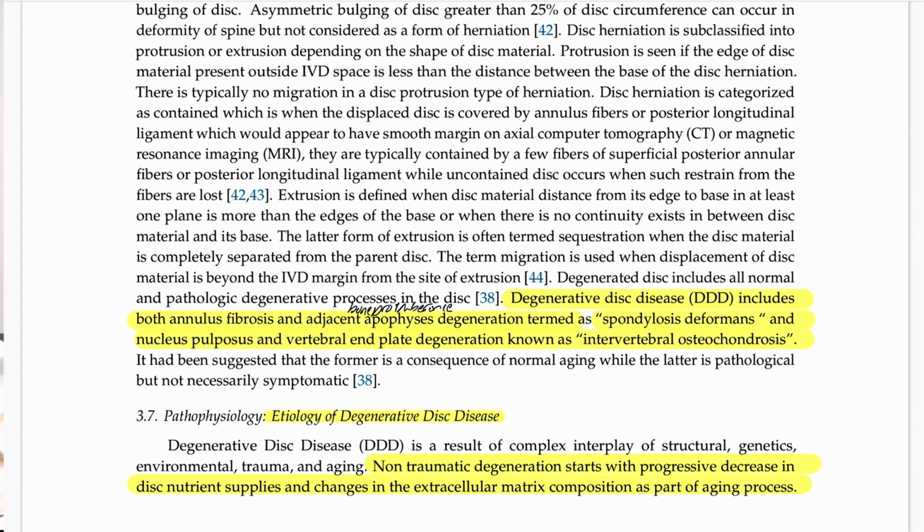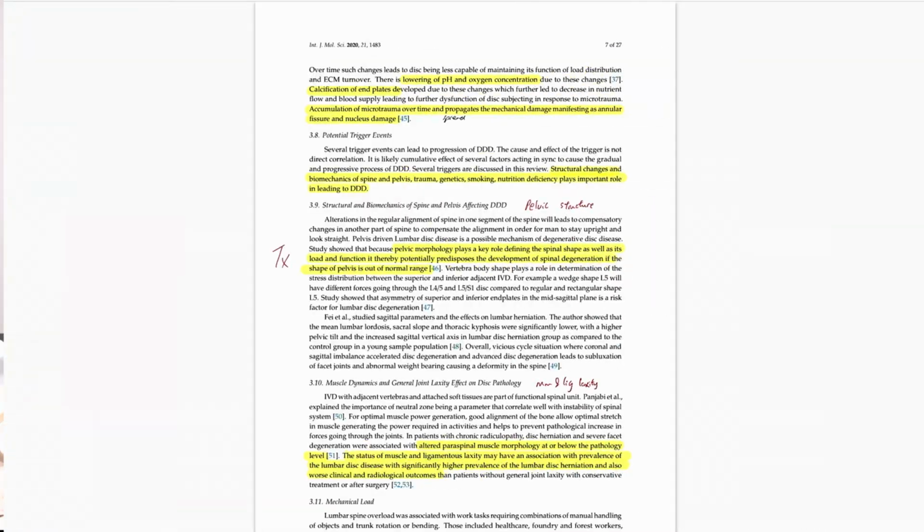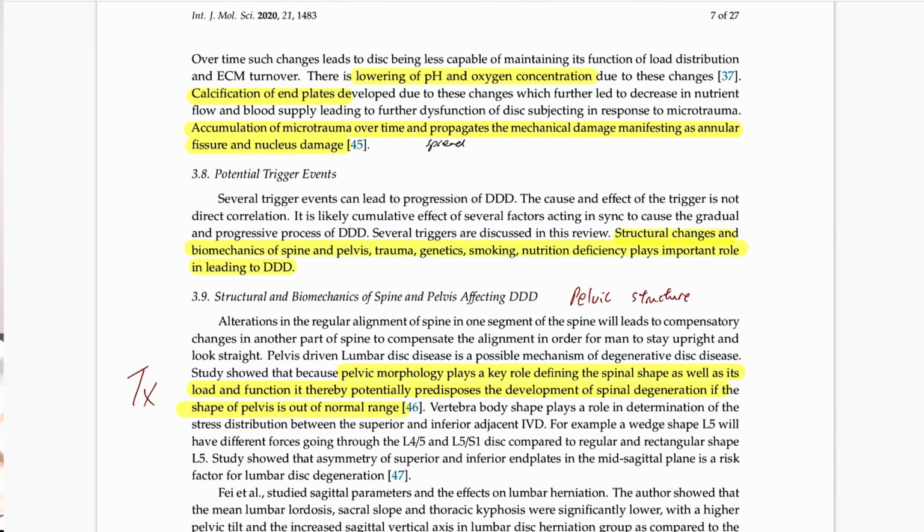It says that degenerative disc disease is a complex interplay of structural, genetic, environmental, trauma, and aging factors. Non-traumatic degeneration usually starts with a progressive decrease in nutrient supply that changes the matrix composition as part of the aging process.